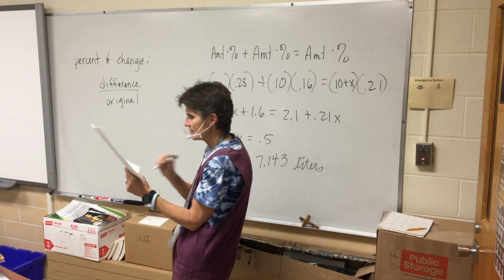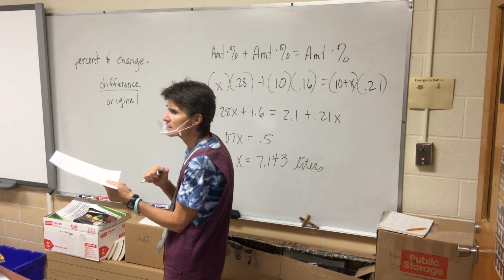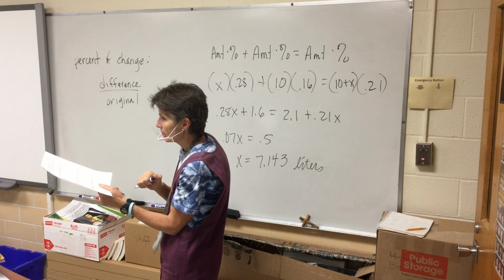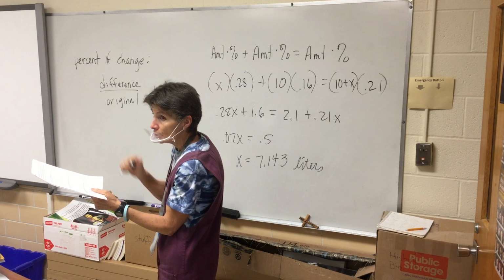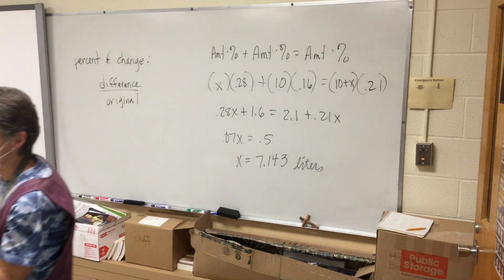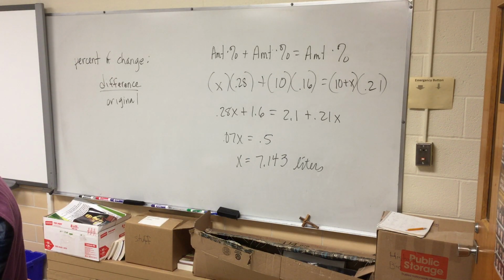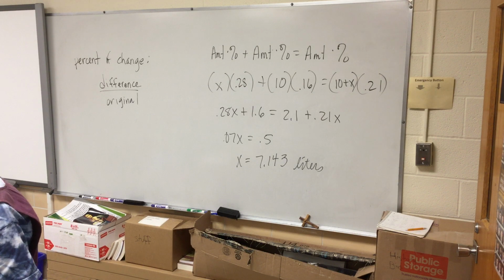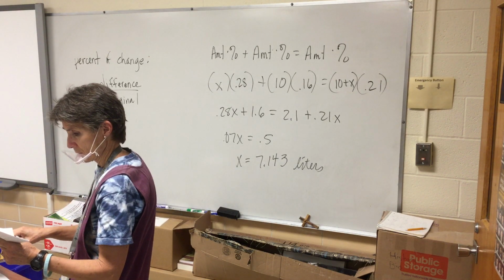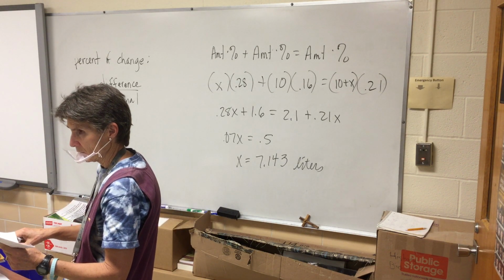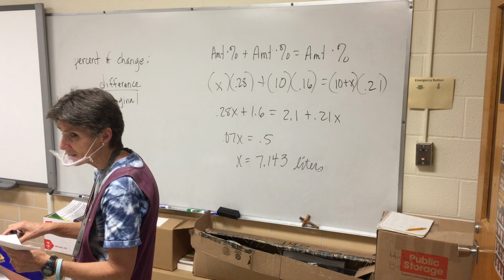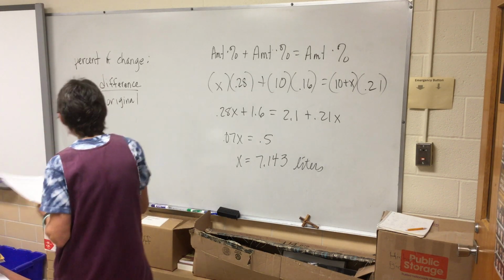Between last year's price and this year's price, the difference is? What's the difference in the amounts? What's the difference mean? Subtract. What do I get when I subtract? 4.65? I think it's just 0.5, isn't it? That's the difference.